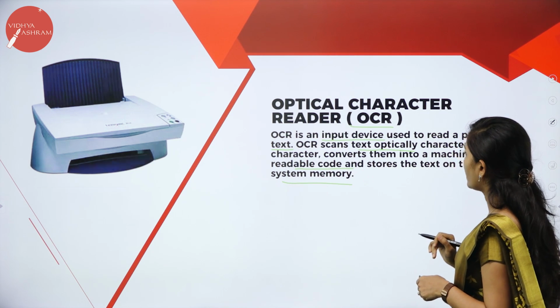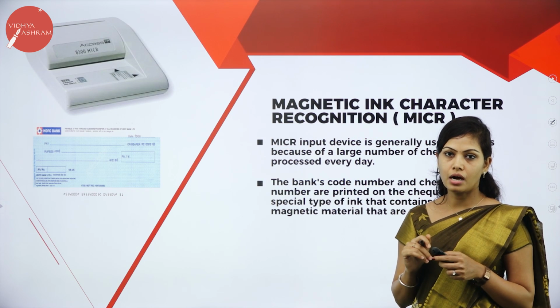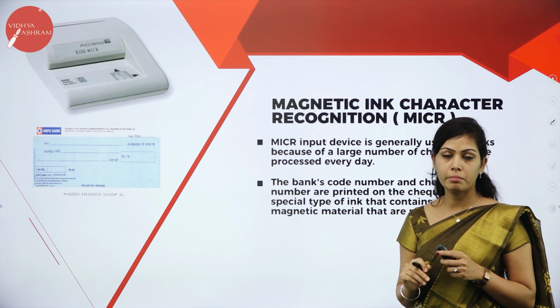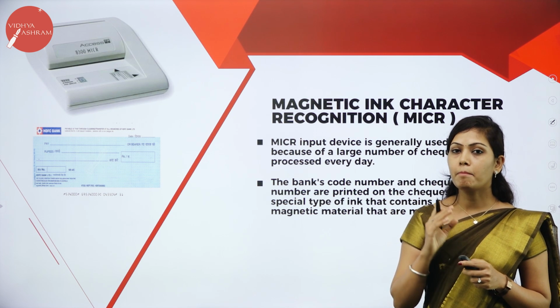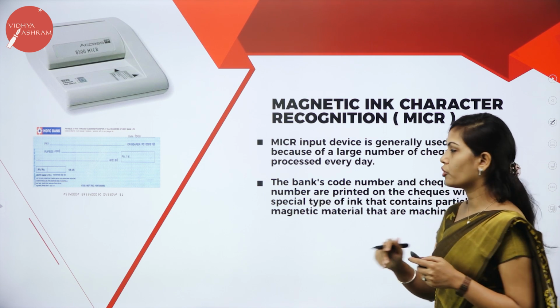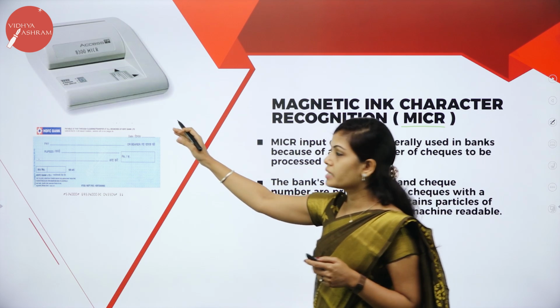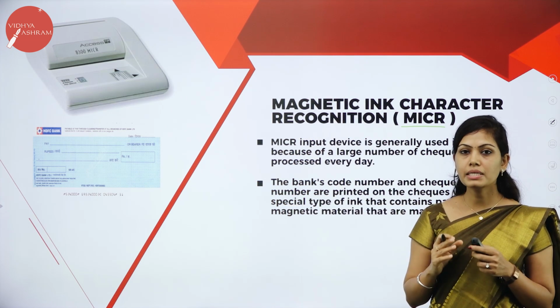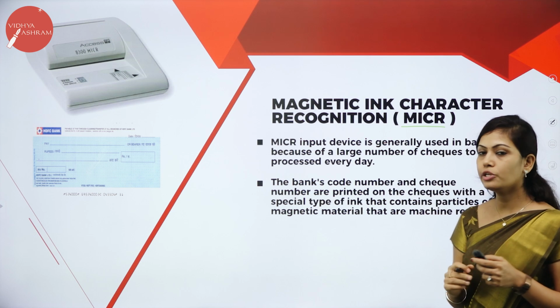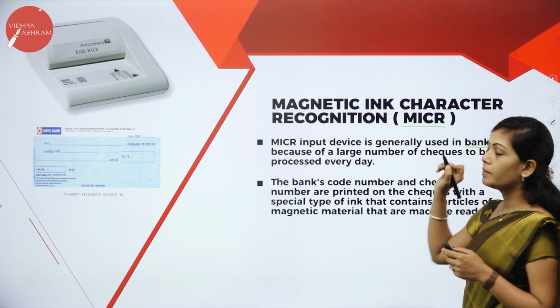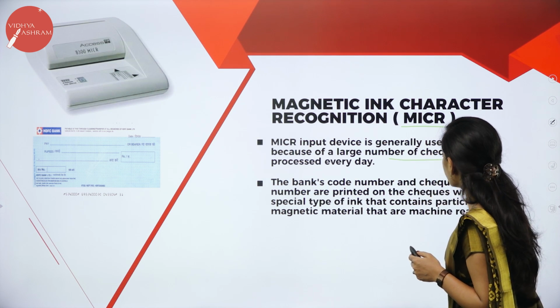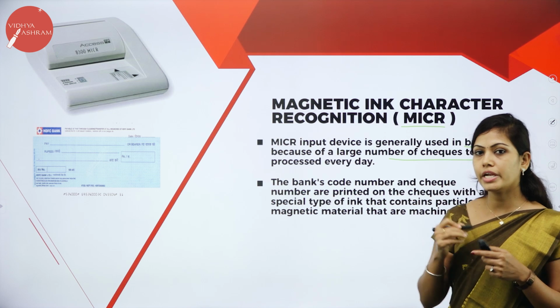So the next input device is MICR. Very important question for 1 mark: expand MICR, magnetic ink character recognition. This is the MICR machine. MICR is an input device generally used in banks because a large number of cheques have to be processed every day.